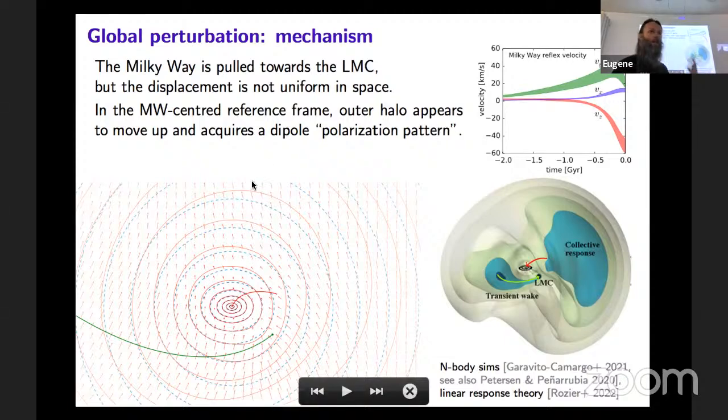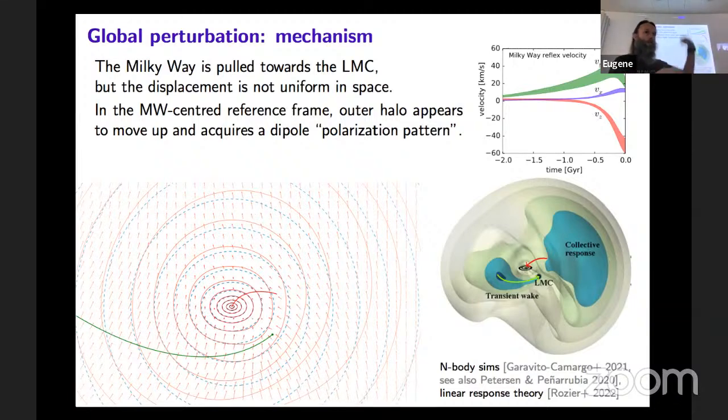So now the stars that were originally, let's say, at 100 kiloparsec now find themselves at 120 kiloparsec. But the density is still as it was at 100 kiloparsec. So if you look up, you would see that the density of stars at large distances is higher than you would expect. Conversely, in the southern hemisphere, it's lower at the same distance.